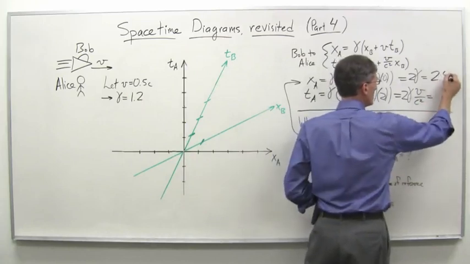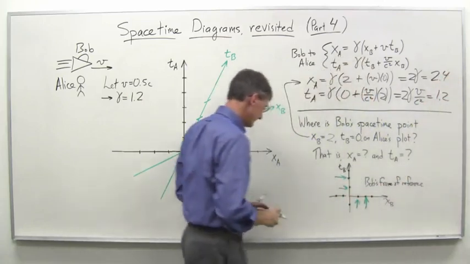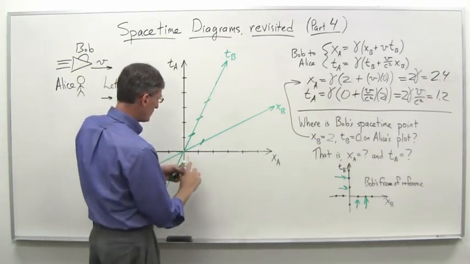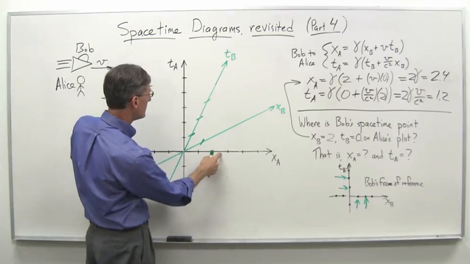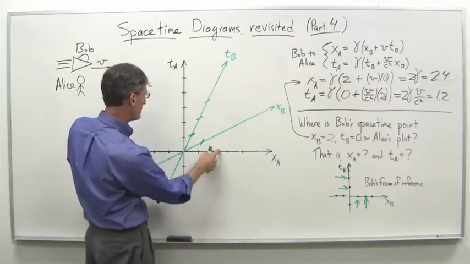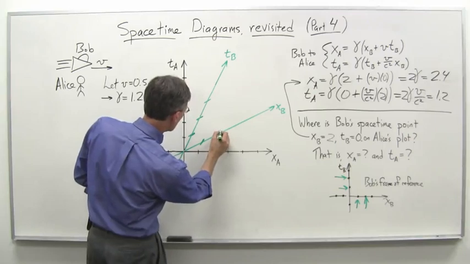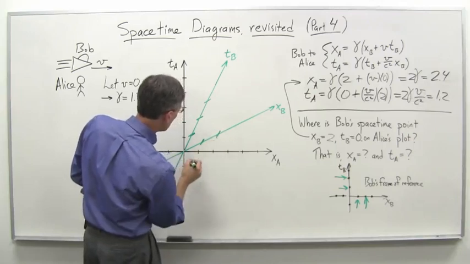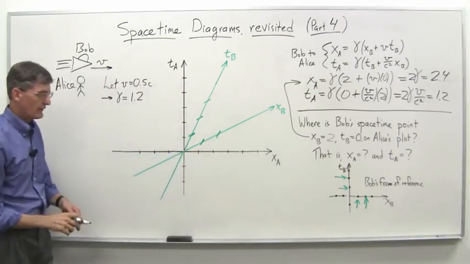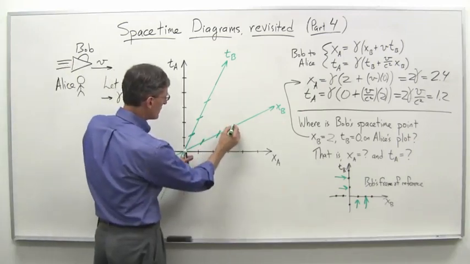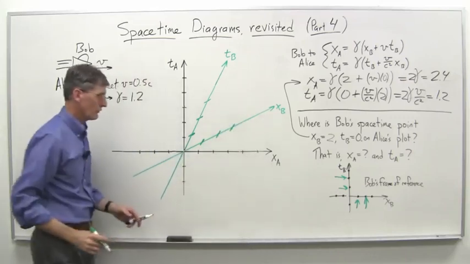So x sub a equals 2.4, over to about right here, and 1.2, so we're about right there. And we try to draw it roughly parallel to that. And then we get other results as we go along. So the next one would be something like about right here probably, and so on and so forth.